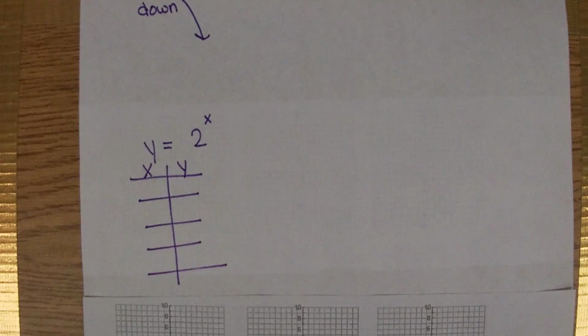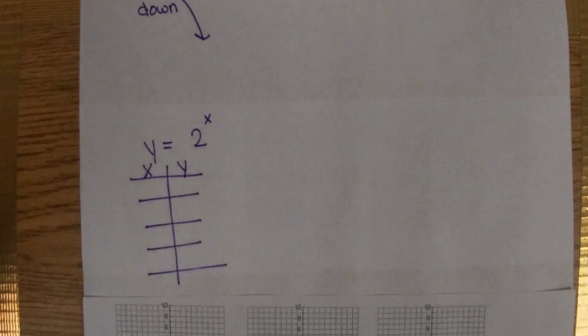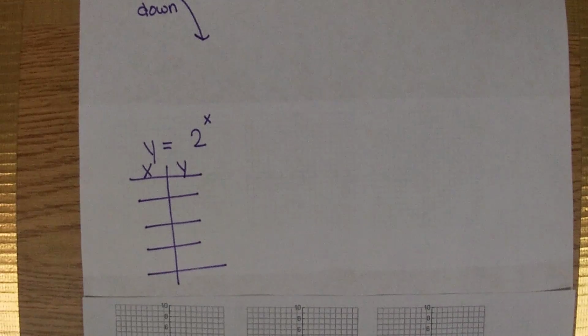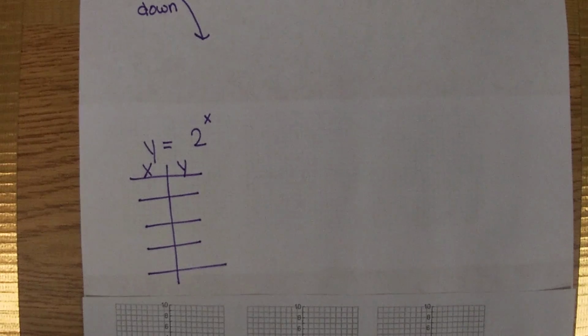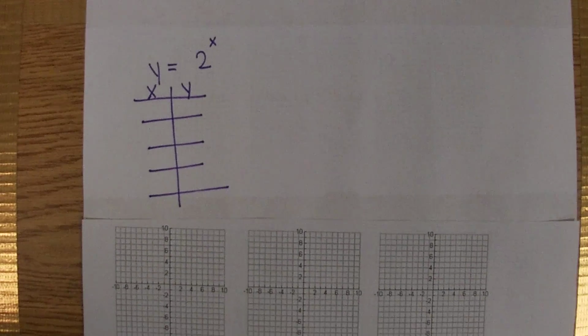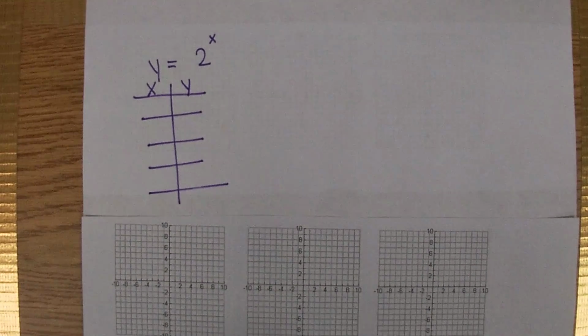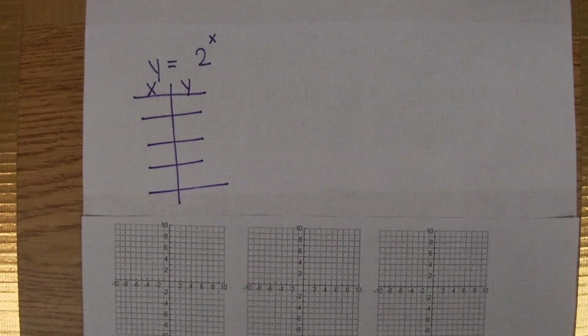When we are graphing exponentials, I'm going to ask you to do at least 4. You could do more if you're trying to get a better picture. And you need to get values that will fit on the graph. So make sure you're not making numbers that are too large, that they won't fit on like a 10 by 10 grid.